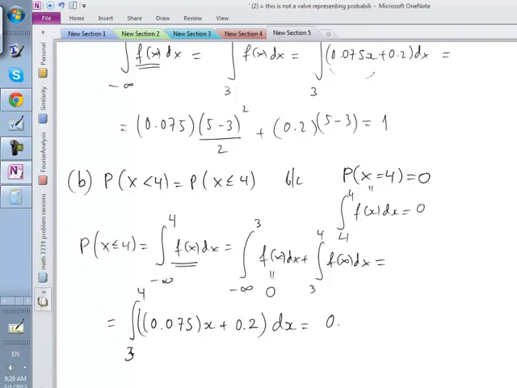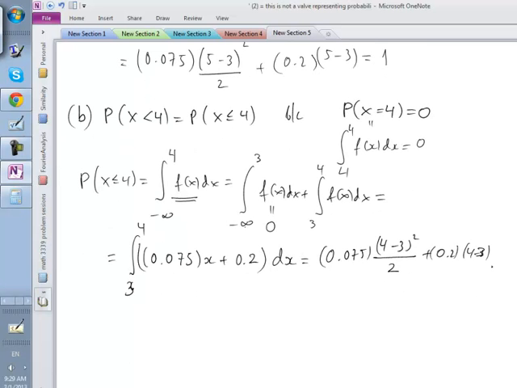So this is going to be 0.075 times 4 minus 3 squared divided by 2 times 0.2, 4 minus 3. And this is the result. This is exactly the probability we need to calculate. You do the math, and that gives the answer to the problem.